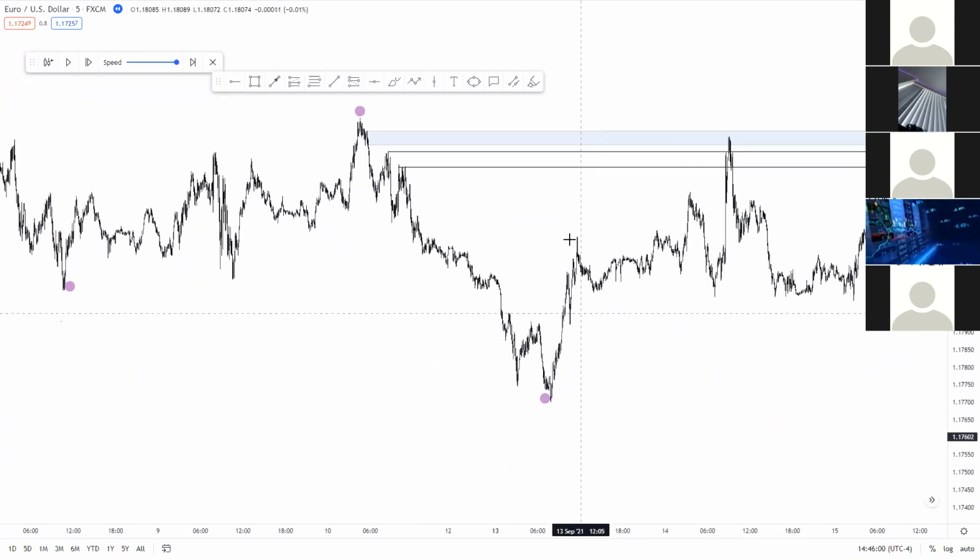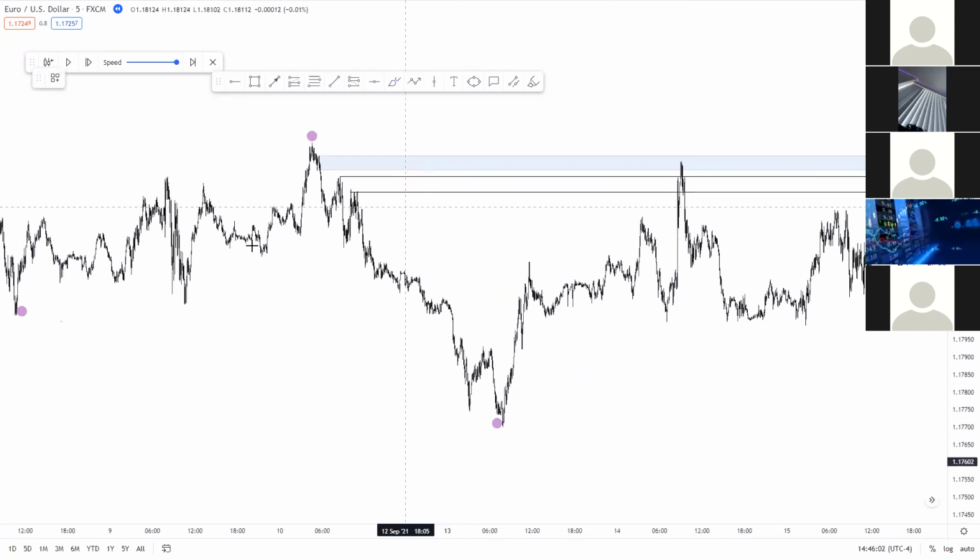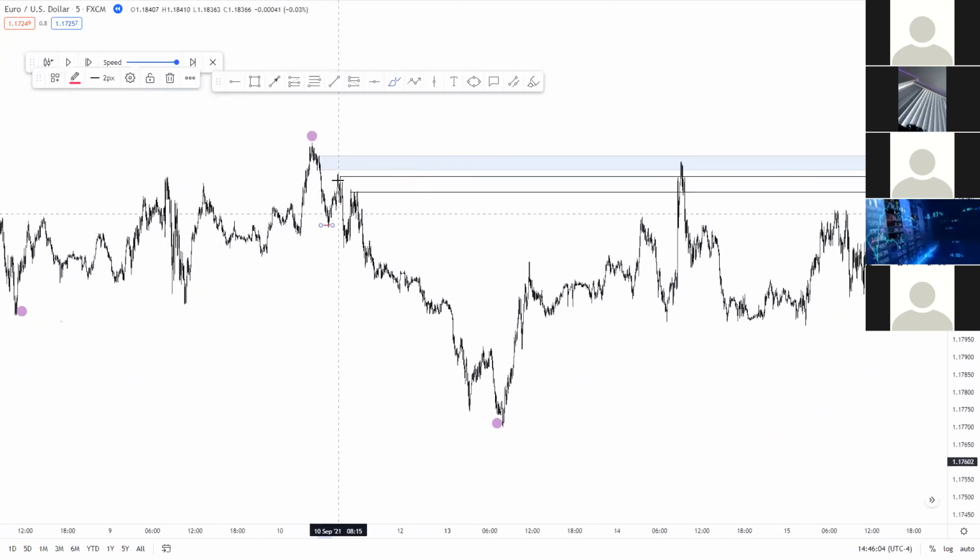And what happens? So let's look at the structure on the intermediate time frame. So within this leg, boom, boom, boom, boom, boom, boom, boom, boom. Break above.